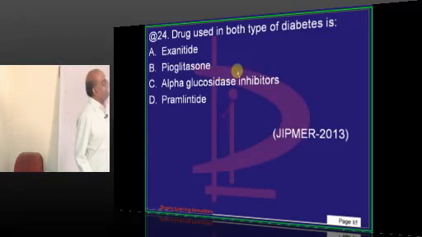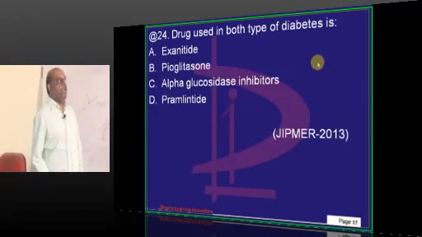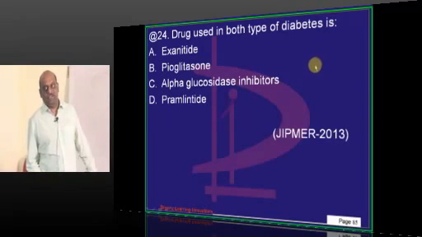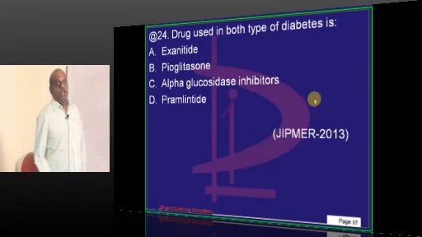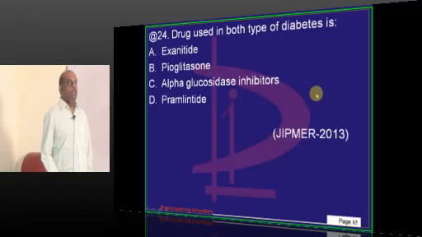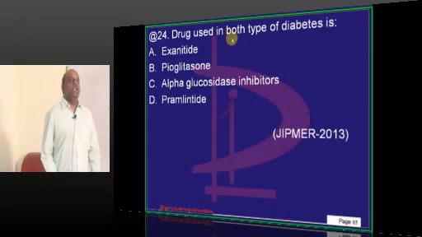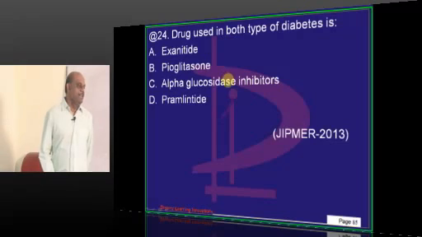Recall bias. What is the drug which is used in both types of diabetes? The 2014 February, March paper we have seen, the November paper we have seen, now 2013. In all three exams, what is the common question? Diabetic drugs. So this Friday, don't forget, please do come. We will have the PGI May 2013 paper discussion. We will give you the question paper without explanations, only the question paper in your hand, because last time you were feeling a little sleepy in the class.